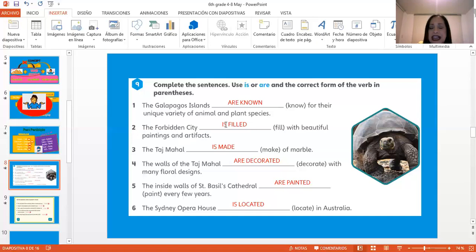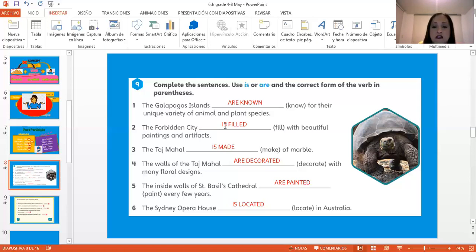The auxiliary is always be, are or is, all the time, depending on the subject. If the subject is singular, the auxiliary is. If the subject is plural, the auxiliary is are.